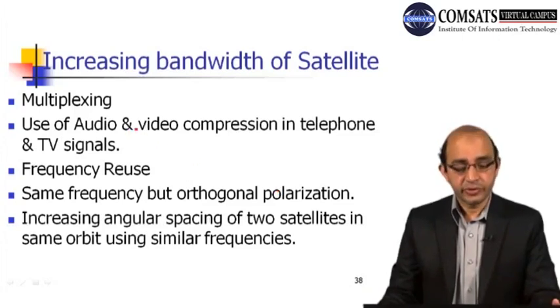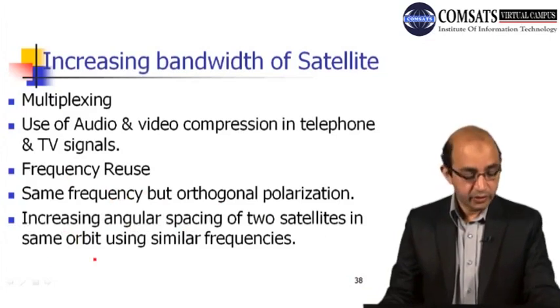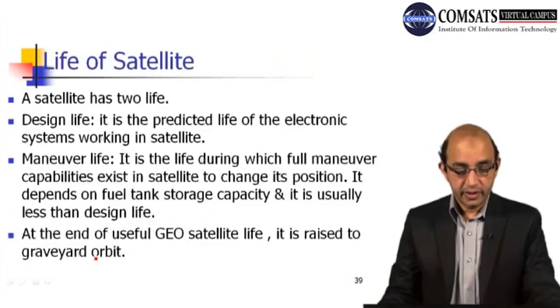We could also use audio and video compression in telephony and TV signals. And we can also have the frequency reuse technique, same frequency but orthogonal polarization, and then increasing angular spacing of two satellites in the same orbit using similar frequencies.